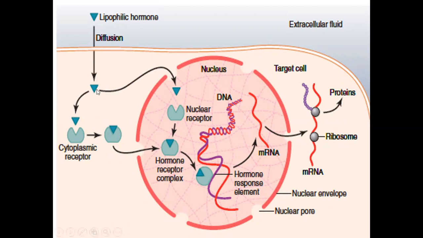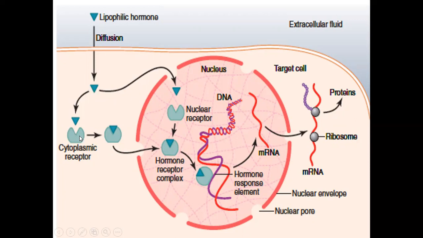From there, it may be bound to a cytoplasmic receptor or a nuclear receptor. Your intracellular receptors may be found in the cytoplasm, so we call it a cytoplasmic receptor, or found inside the nucleus, so we call it a nuclear receptor. Once bound to the receptor, it produces a hormone receptor complex.